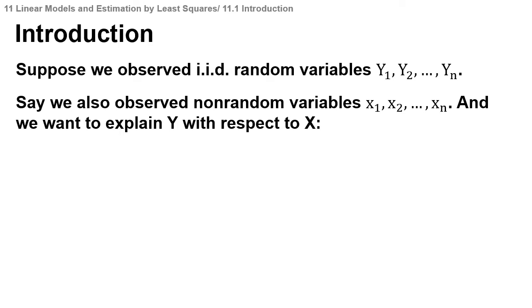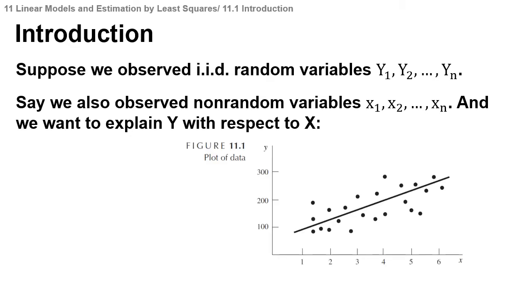We can assume that there is a certain relationship between x and y, and suppose that the relationship is something like this. So here the x-axis is the observation x, and the y-axis represents y, and each point represents the pair xi, comma yi.